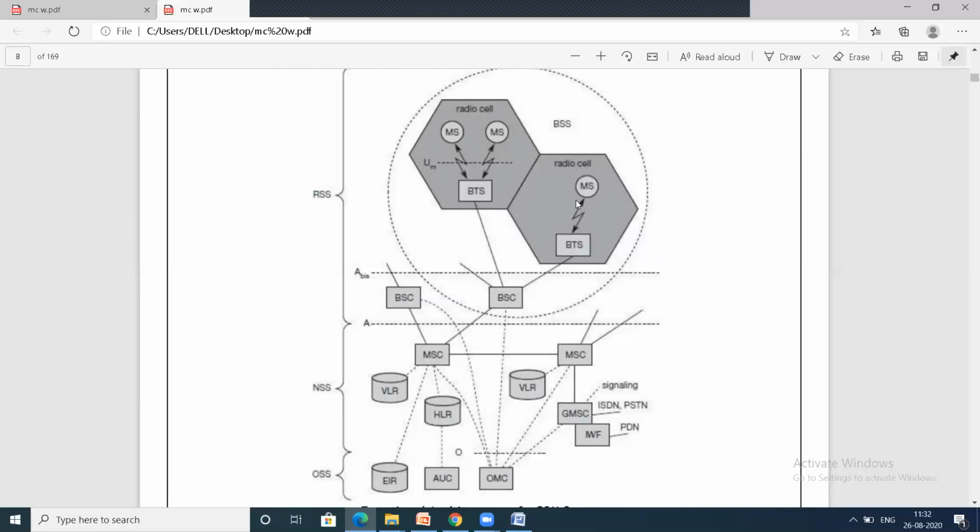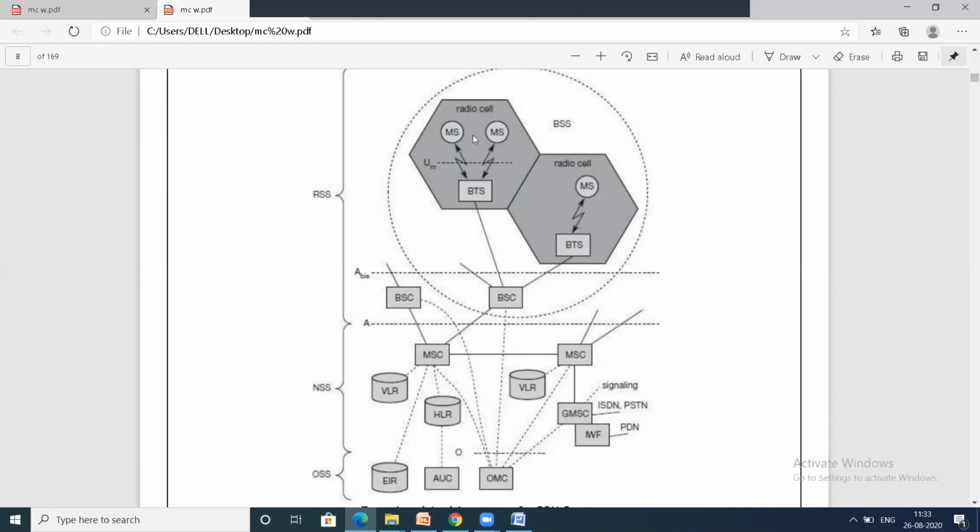Here I will give you a short note on this GSM architecture. The GSM architecture comprises three parts: this is the radio subsystem, this is the network subsystem, and this is the operations subsystem.